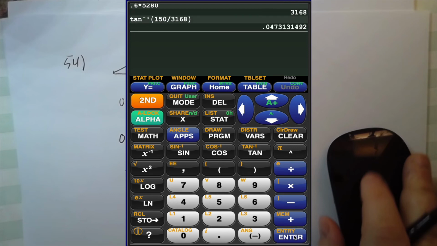So that gives us the radians. Now if we want to put this in degrees, of course we would have to multiply that by 180 divided by pi, right? So we get 2.7 degrees. We round it off.